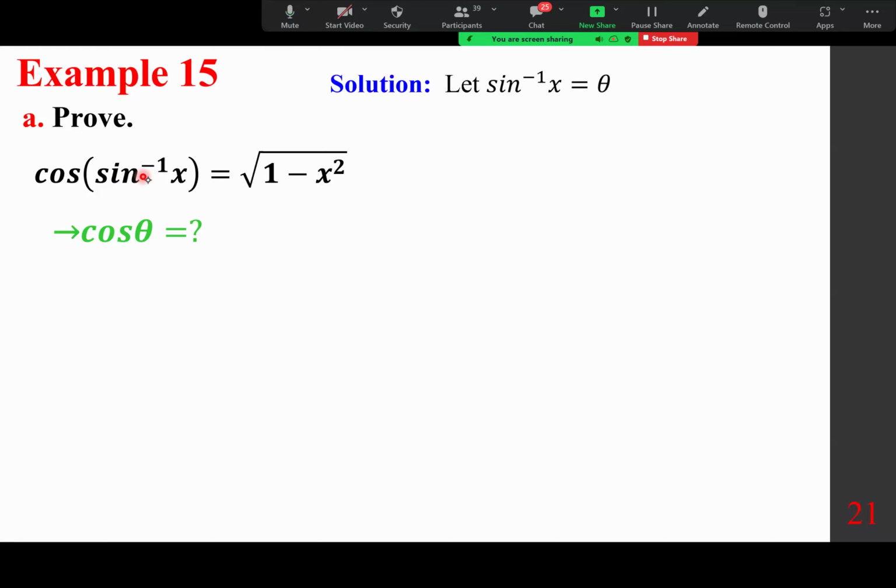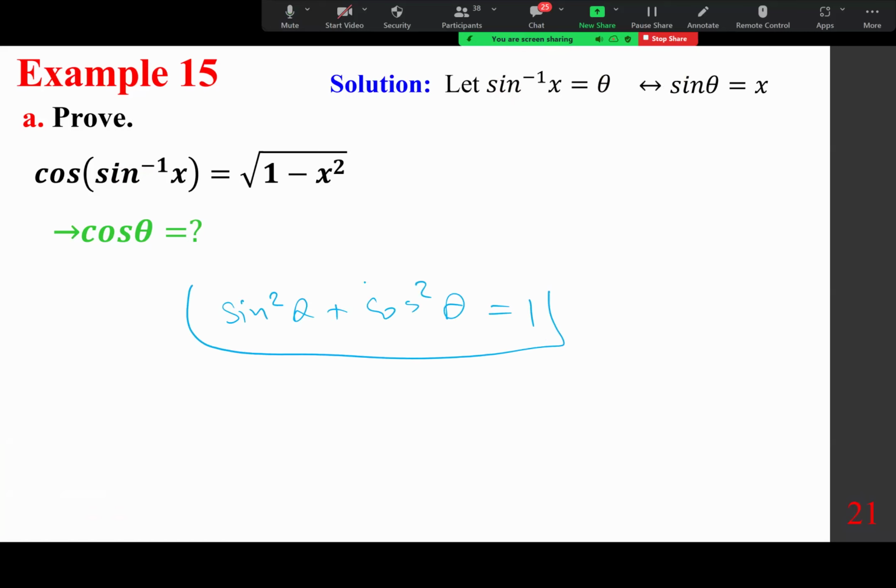So let's find out what's going on. According to this, sine theta must be x. And everybody knows sine squared plus cosine squared equals what, right?